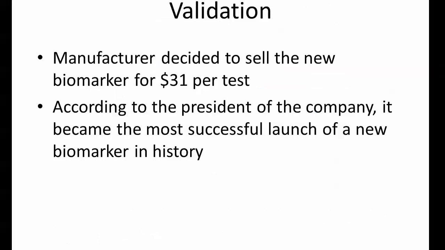So what actually happened in the marketplace? Well, the manufacturer decided to sell the new biomarker for $31 a test. And a few years later, after this study was done, I got to visit with the president of the company, and he told me it had become the most successful launch of a new biomarker in history. The product far exceeded the company's expectations in terms of volume.